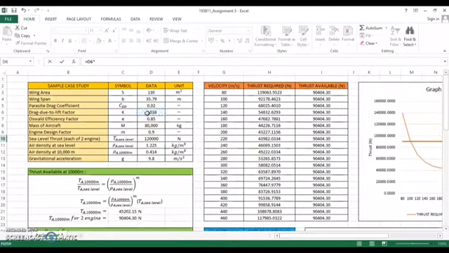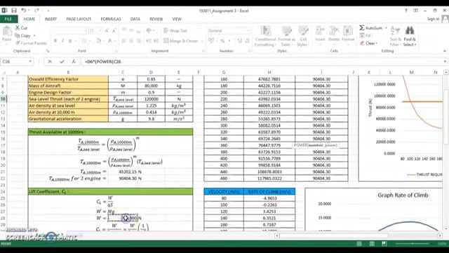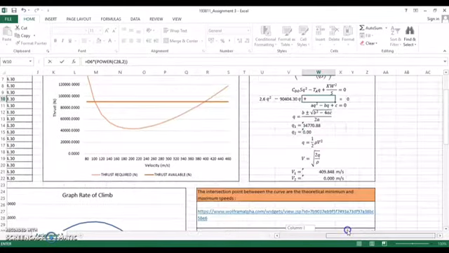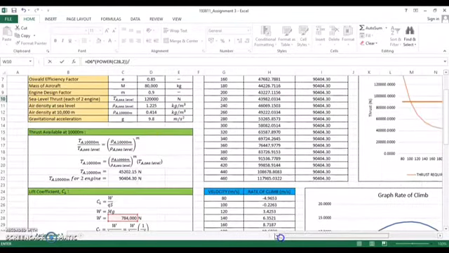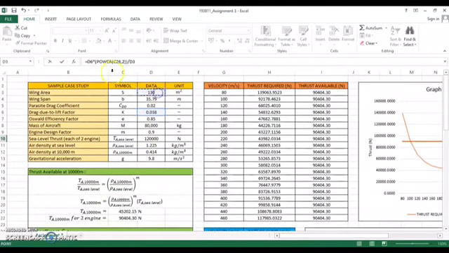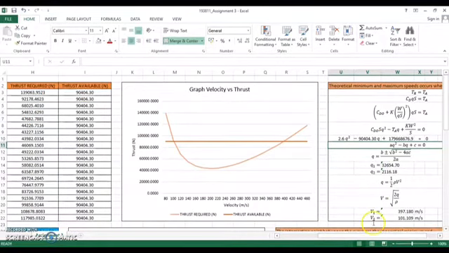Done with power. W. Divide by S. And you will get the answer.